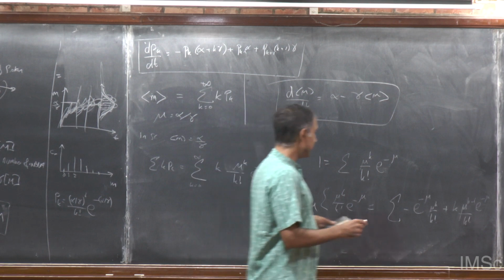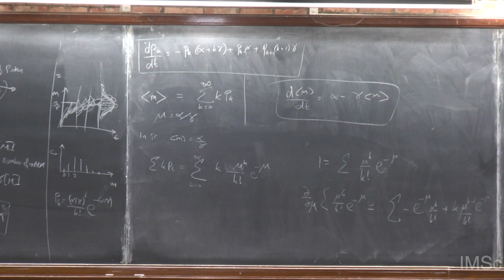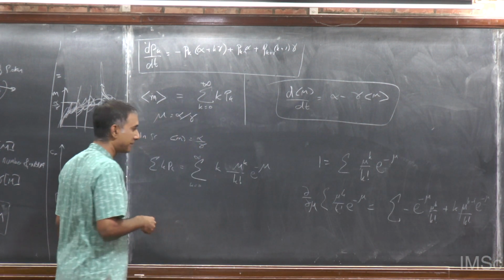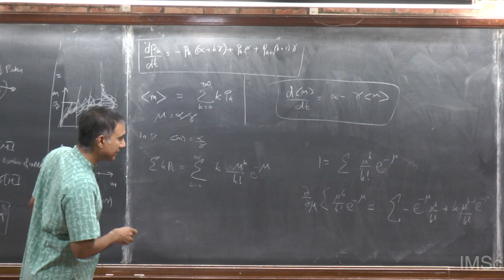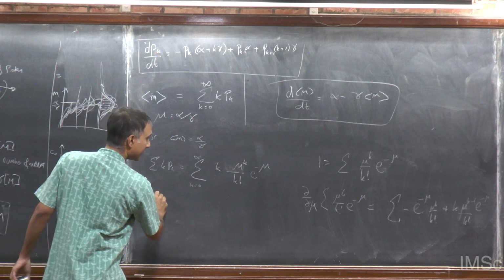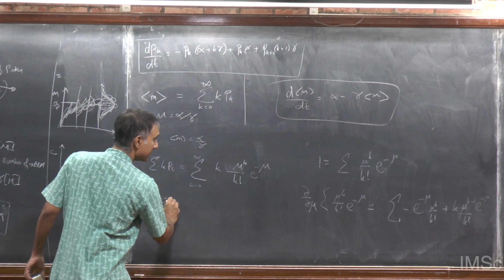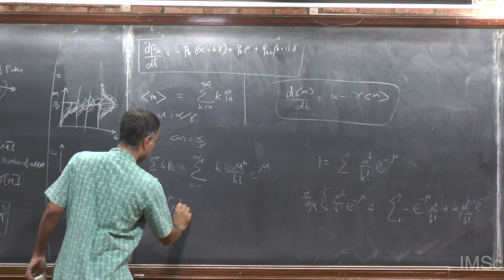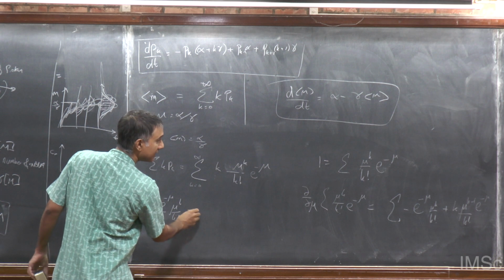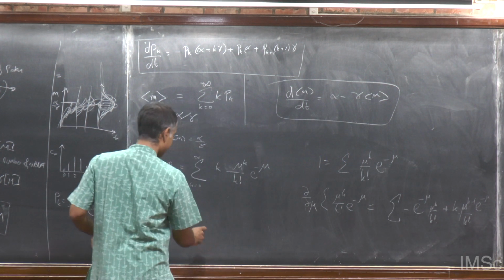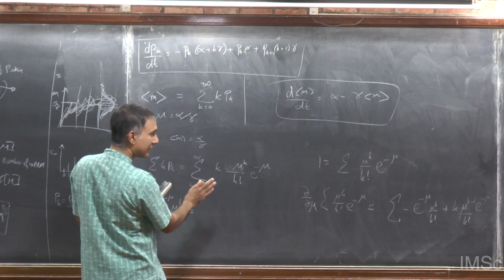This must be equal to 0 because the original thing was a constant. The d/d mu of the left side would be 0. So you can then split that up. What you find is the sum of e to the minus mu, mu to the k over k factorial is equal to, and then this thing is not quite something we're happy with.